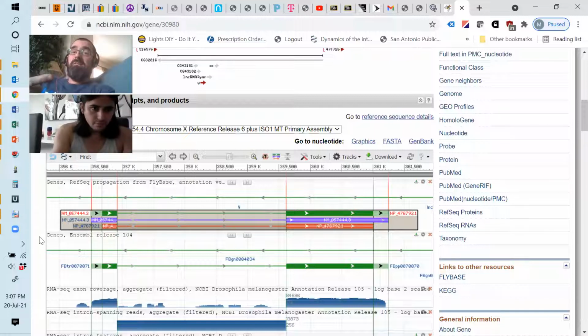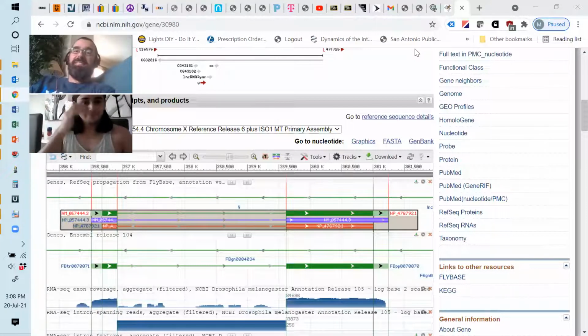It's not mRNA. It's, nope, it's not anticodons. Those are in tRNA. It's not tRNA. Those are encoded by other genes. Sorry. It's protein.